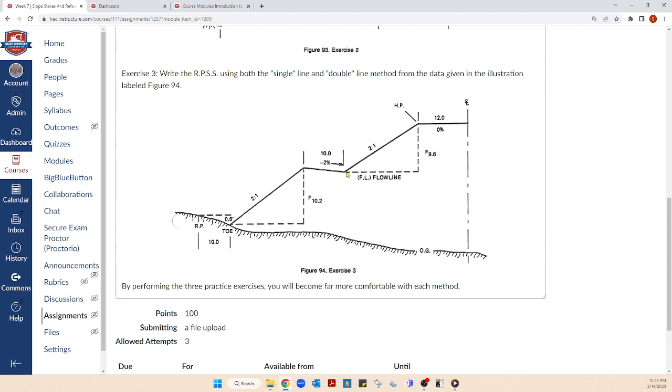And the 9.8 vertical, with 2 to 1, gives us this dimension. 9.8 times 2 is 19.6. So that's 73.6 horizontally from here to here.